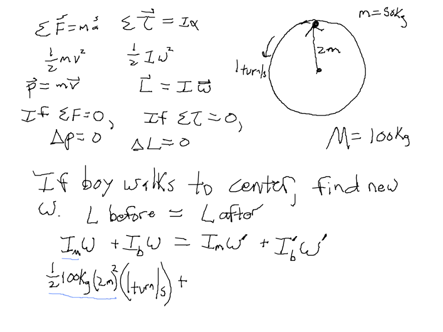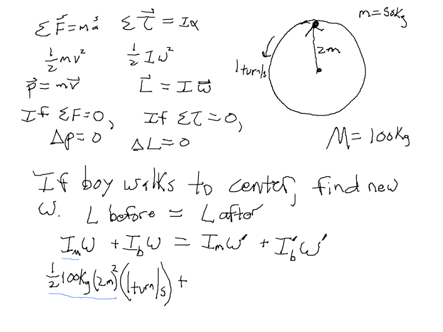And you will find in the table or in your textbook the moment of inertia of a point mass, which turns out to be the mass of the object, m, times the distance of that object from the pivot point, in this case 2 meters.